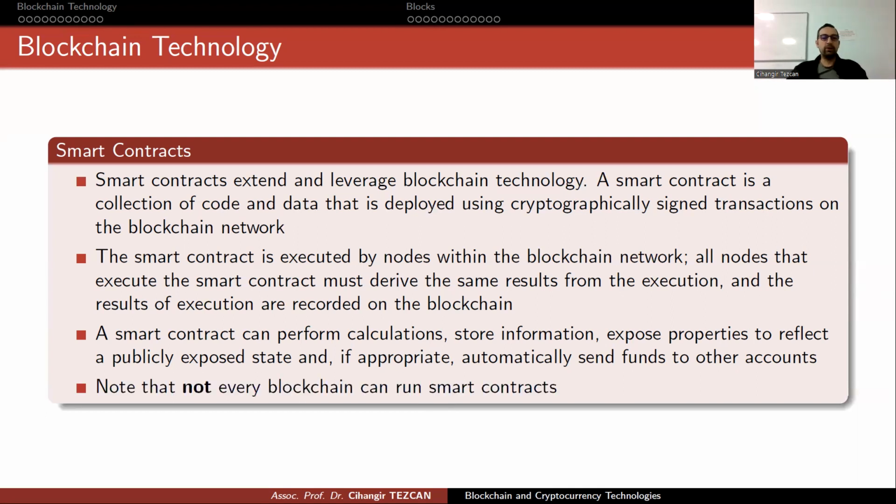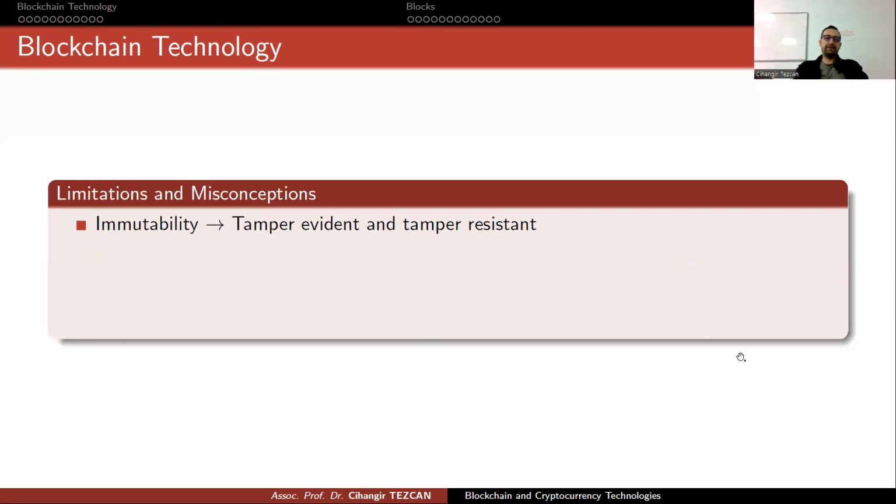abilities. Note that not every blockchain can run smart contracts. Okay, it depends on the programming language the blockchain supports and so on. Yes, let's talk about limitations and misconceptions so that we can understand when we can use a blockchain. So people say that a blockchain is immutable.